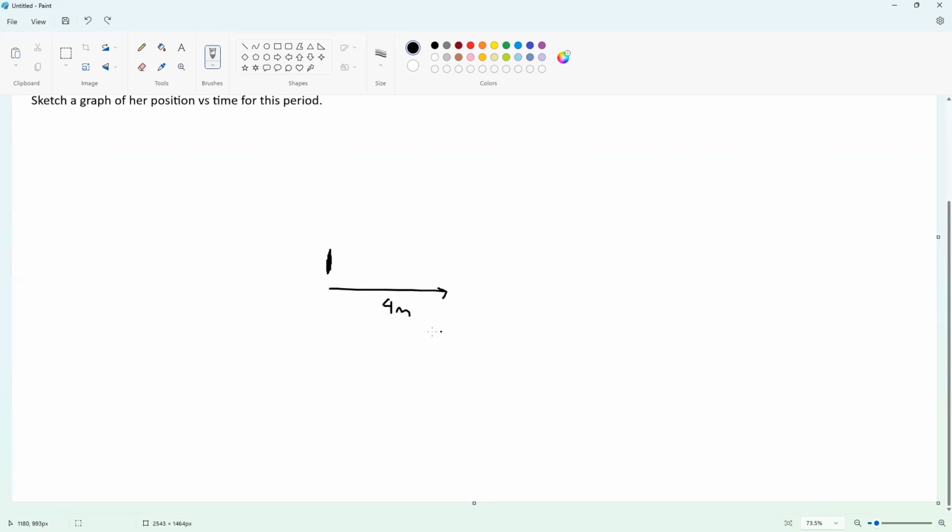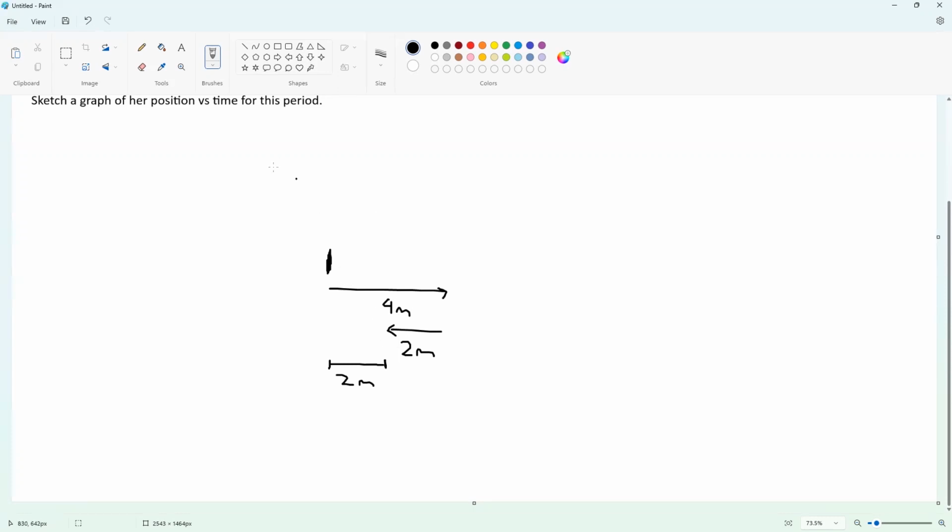But if you walk this way, you are at the point 2 meters. Now you are 2 meters away from the center. But you walked in total 4 plus 2 meters, which is 6 meters.